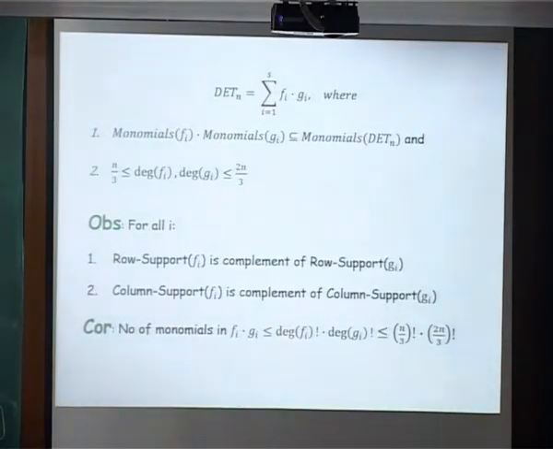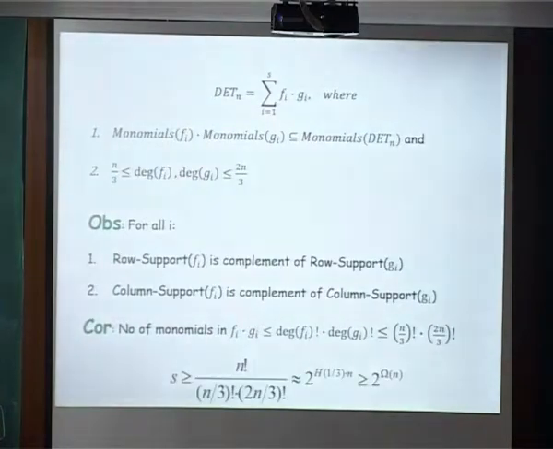In fact, the submatrix that Fi touches has size exactly the degree of Fi, which is between n by 3 and 2n by 3, and similarly for Gi. Since the degrees are bounded like this, you can verify that this expression is bounded by n by 3 factorial times 2n by 3 factorial. Intuitively, the worst thing to do here is to make the degrees as unbalanced as possible.